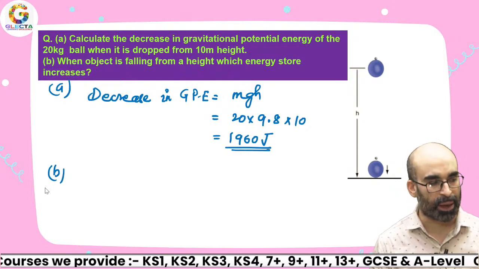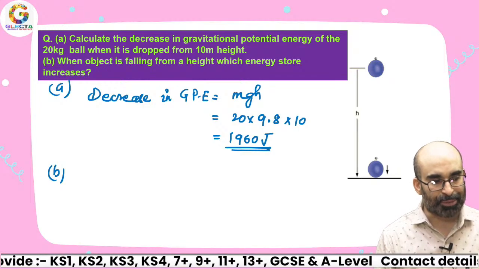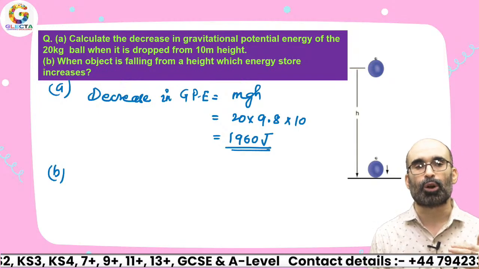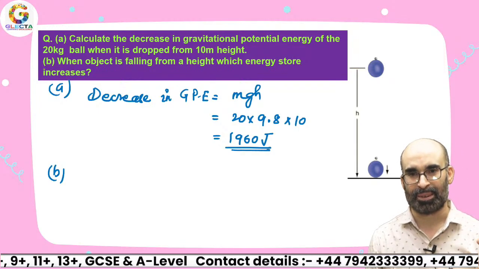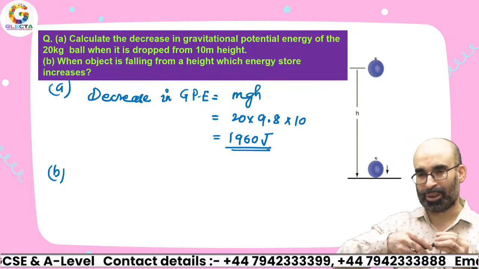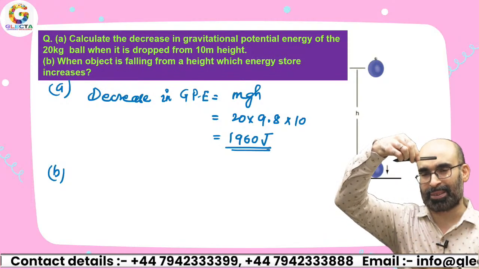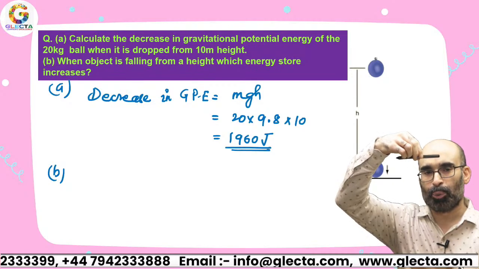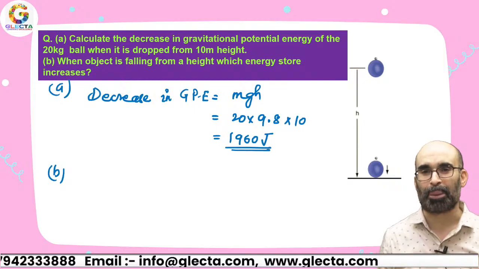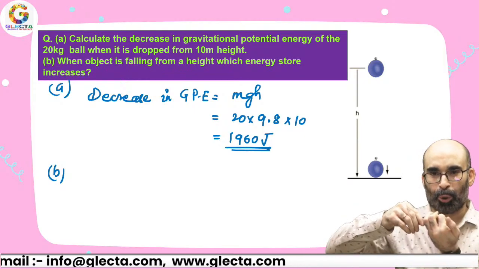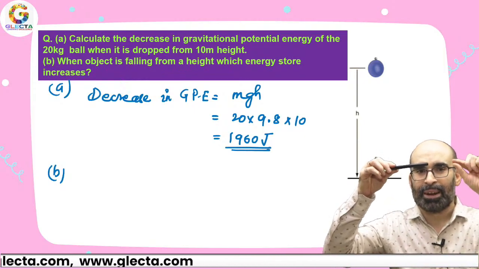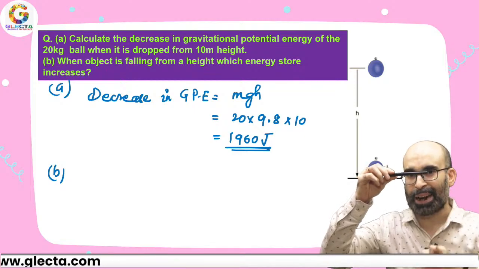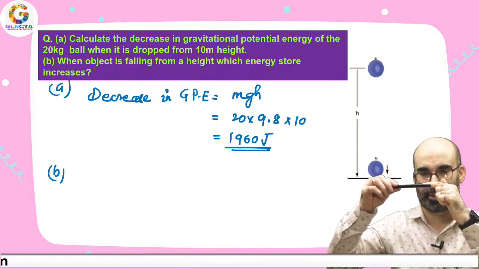Second part is asking you, when an object is falling from a height, which energy store increases? So I want your attention. Right now I'm keeping this pen here. When I drop it, what happens? When I was holding it at this point, the kinetic energy is 0. It had only gravitational potential energy.